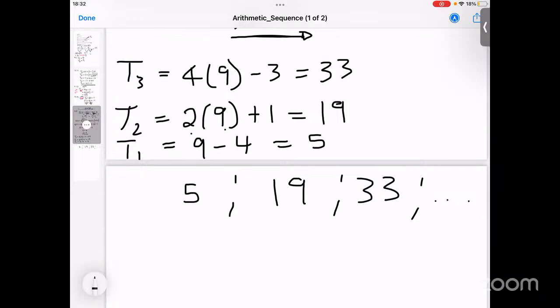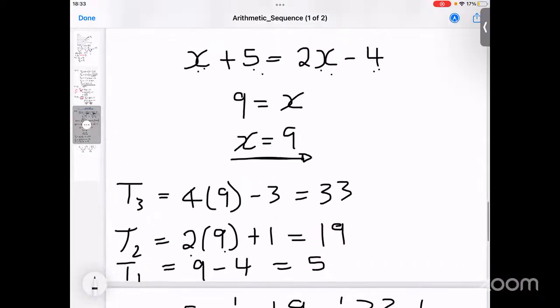So let's see, if you say this minus that, what does it give you? 19 minus 5, it gives 14. So that means even when we say this minus that, it must give us 14. If not, then something is wrong. Yes, it gives 14.